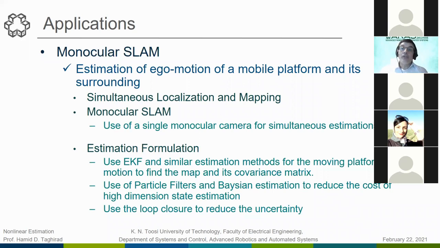So we don't know where we are to start building the map, and we don't know the map to find out where we are from the map. This problem was a very critical issue in the years 2005 to 2010. At that time, it was a very hot topic, but now it is mature. Now we have more than 100 ways to do that, and we are moving forward.